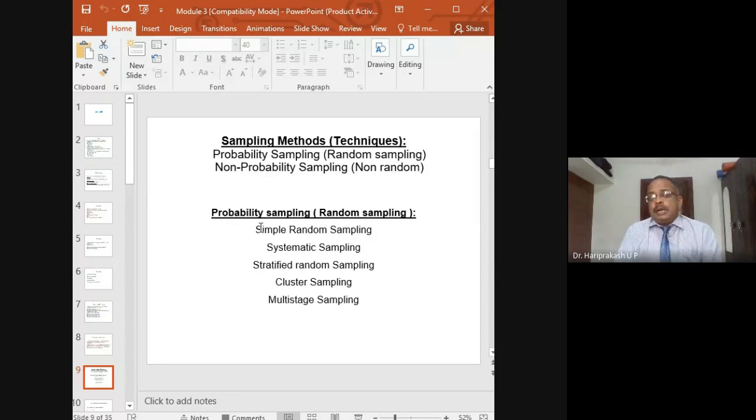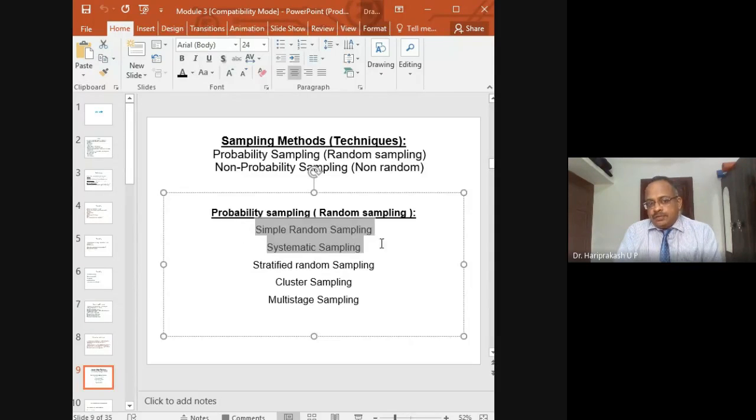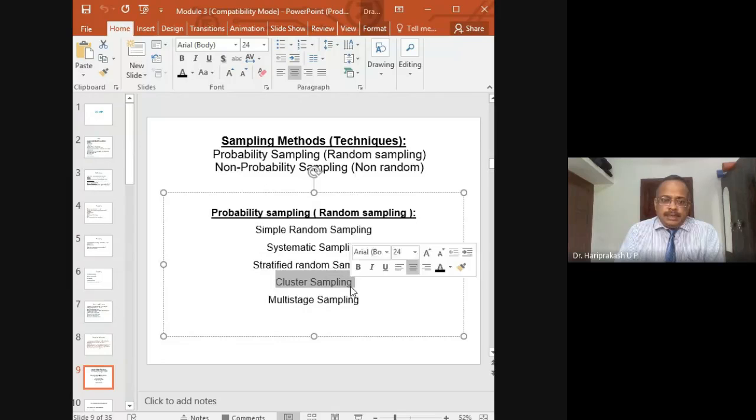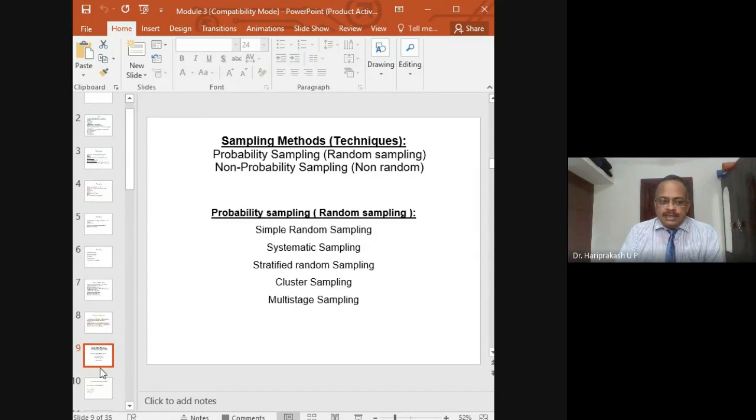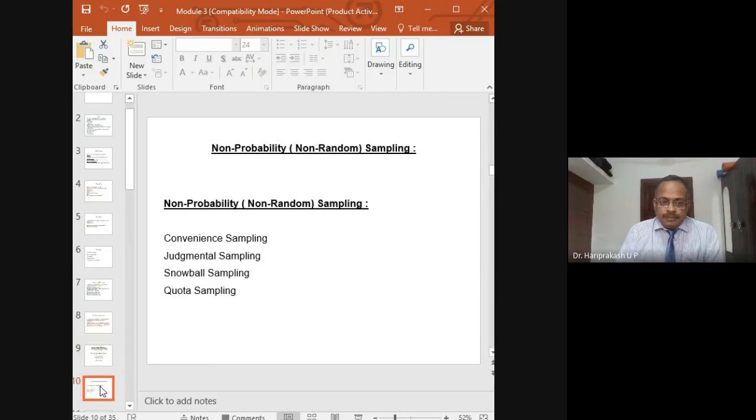In probability sampling, we have 5 different types: simple random sampling, systematic sampling, stratified random sampling, cluster sampling, then multi-stage sampling. So we will be discussing them one by one in the later slides.